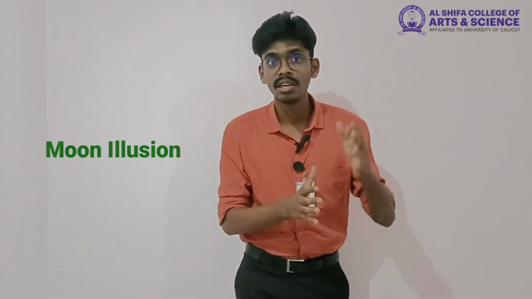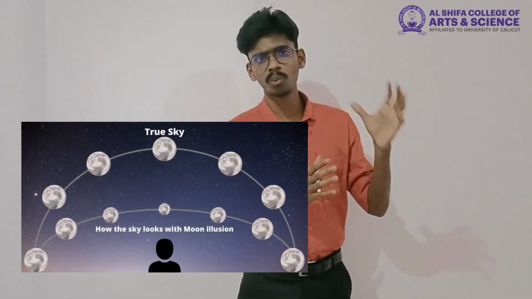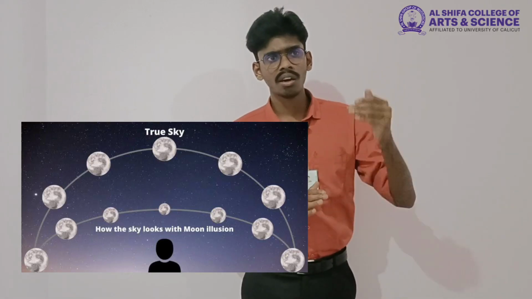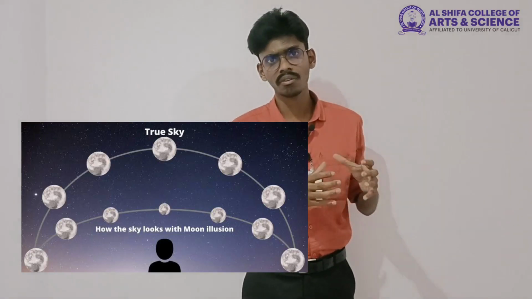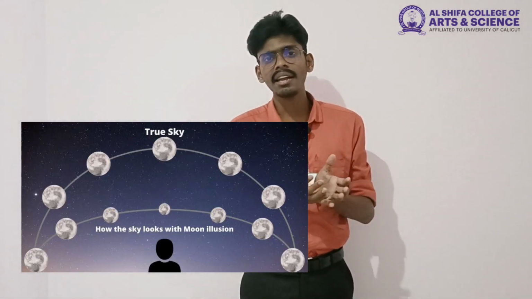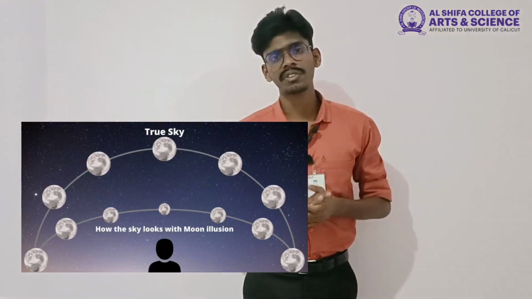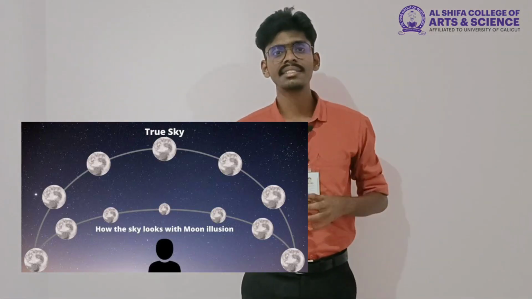Finally, we have the moon illusion, but the moon illusion does not come under the geometrical illusion or the movement illusion. It is separate from both of them, but it comes under the optical illusion. The moon illusion is simply that when we see the moon close to our horizon, we feel that the moon is bigger, and when it is on the top of the sky, we feel it is small.